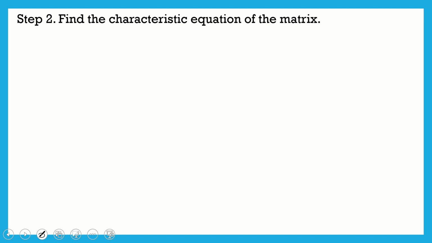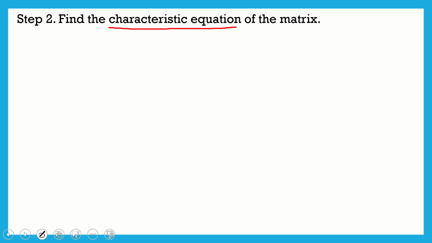Now, find the characteristic equation of the matrix. So what is this characteristic equation? Engineering students know this, but for class 11th and 12th, I'm not going into detail, I'm just writing the method of how to solve it.